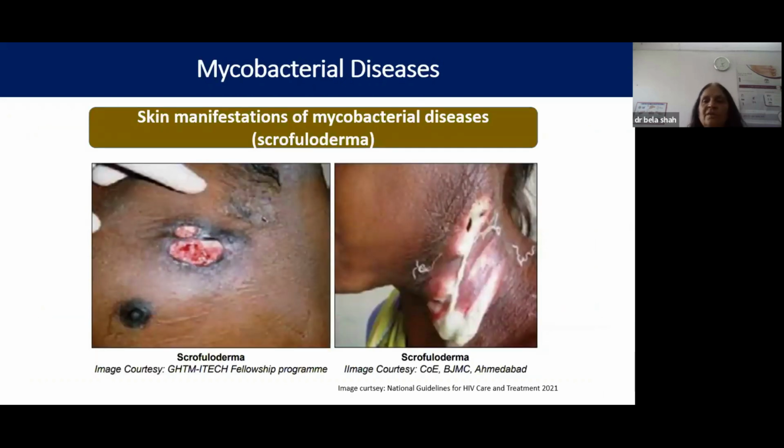Now coming to another very, very common bacterial infection, skin tuberculosis in context of PLHIV. The most common forms of skin tuberculosis we see are TBVC, that is tuberculosis verrucosa cutis, lupus vulgaris, and scrofuloderma.